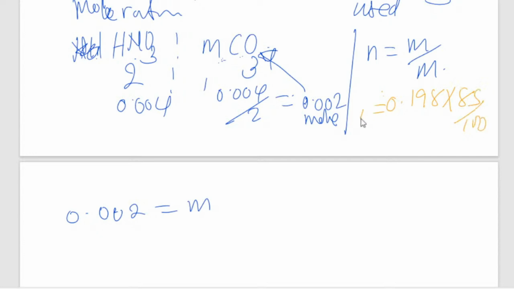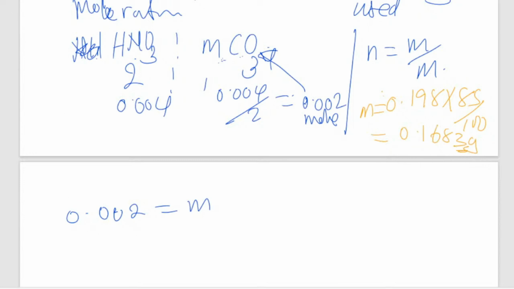So this is going to give me the mass of the pure sample. You understand? And then this gives me a figure of 0.168 grams. This is the mass I'm supposed to use.